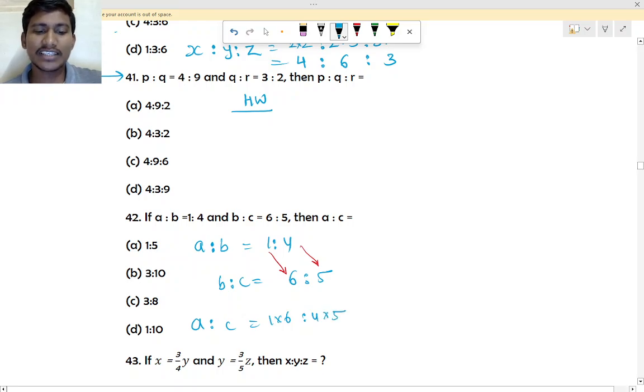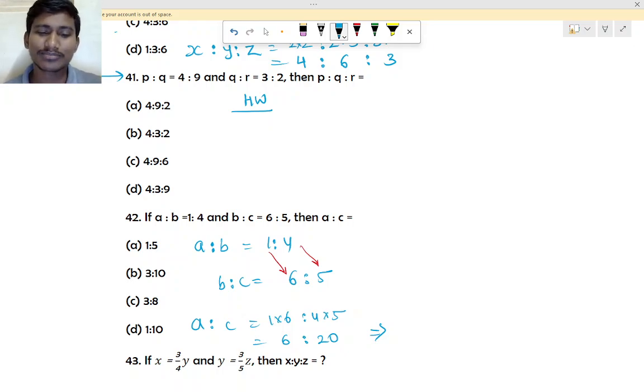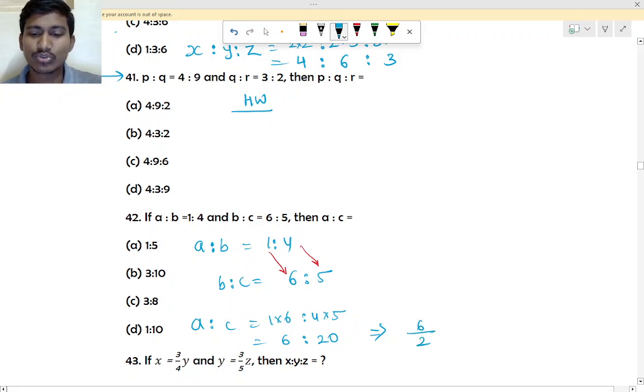What will be the answer? 6 is to 20. 6 and 20 will come in which table? The 2 table. So we have to divide both by 2. So the answer will be 3 is to 10. Got it everyone? Any doubt here?